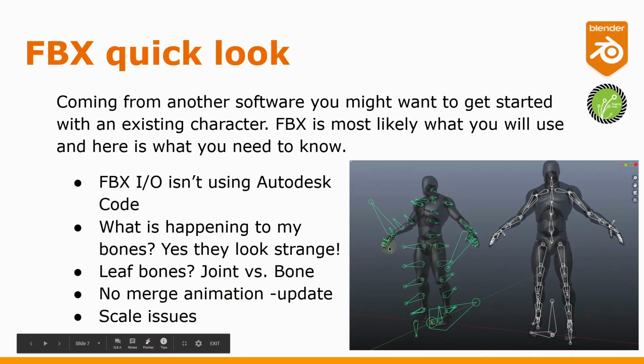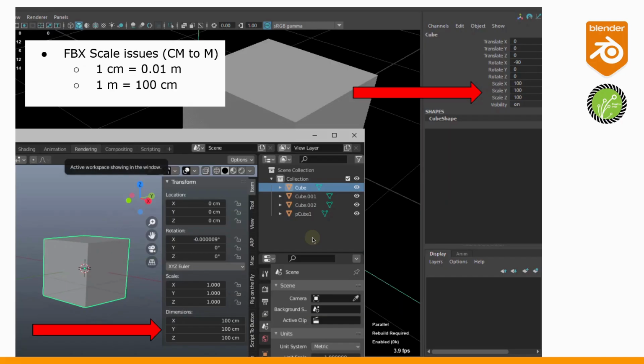And scale issues. Blender is in meters, Maya is in centimeters, so there are some issues with scale. If you're going back and forth and you're trying to kind of keep everything synced, you just have to understand that when you come into Blender, a scale of 1 centimeter is going to come into Blender at 0.01. If you're working at scale in Blender and you take it to Maya, then you're going to end up with a scale of 100. Now, I want you to look at something, the dimensions versus scale.